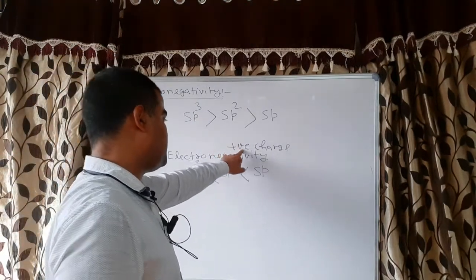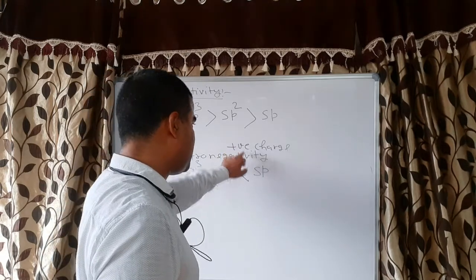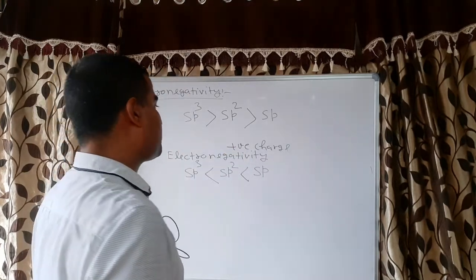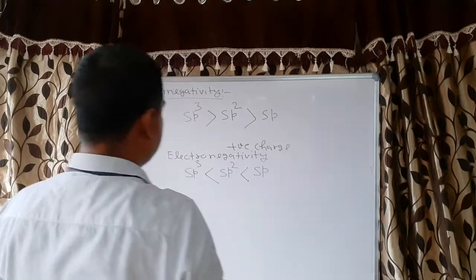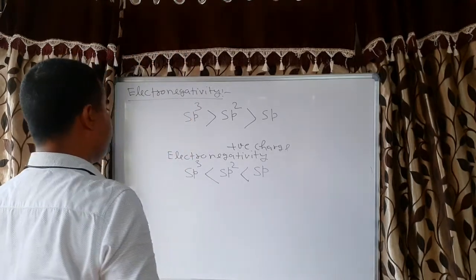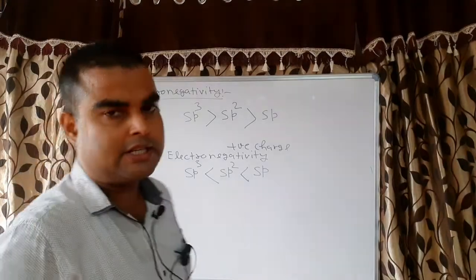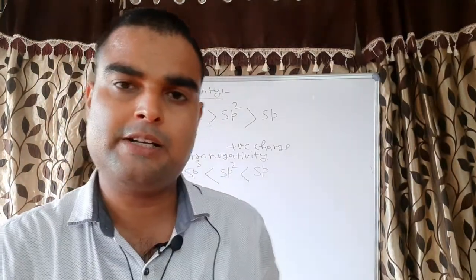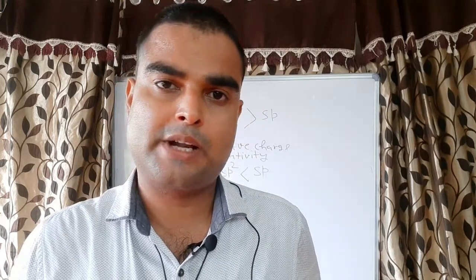Nucleus means positive charge, closer to the positive charge. It means it will attract the electron more strongly. It means electronegativity will be more. So, this is the effect of hybridization on bond length, bond strength and electronegativity.